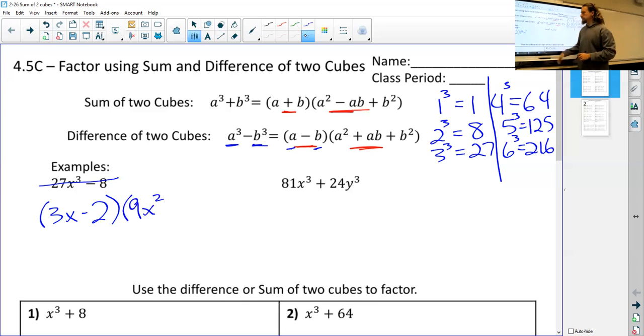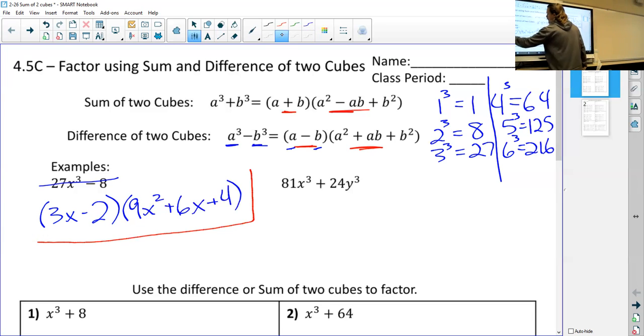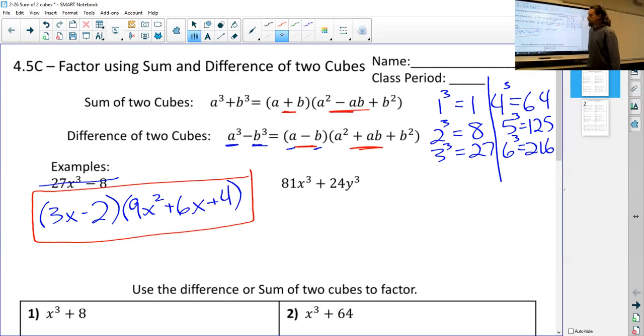So 3x times 2 is 6x. Our formula says this has to be plus, so I'm not even looking at the minus one. This is just going to be positive. Then at the end, b squared. So 2 times 2 is 4. And that's it. That's our whole solution.